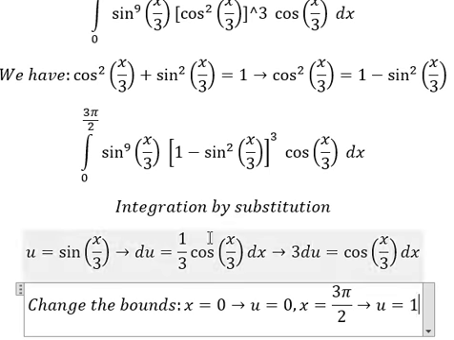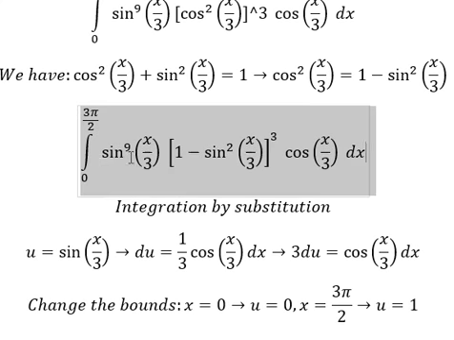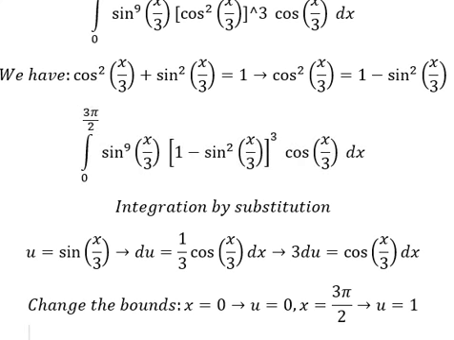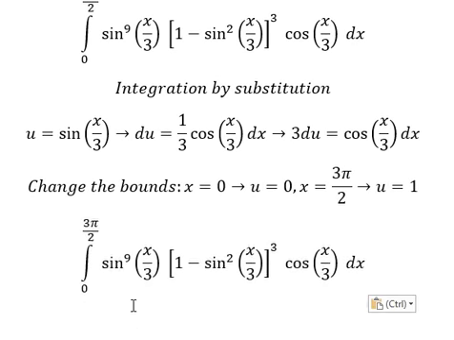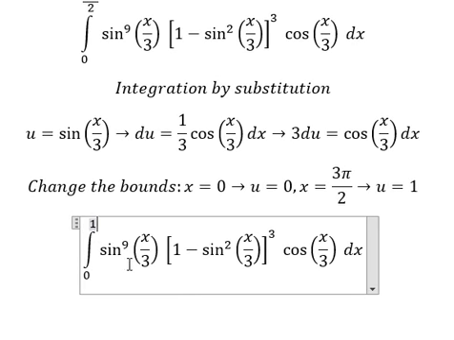The reason in here, if we put 3 pi over 2, number 3 divided by number 3, we have pi over 2. Sine of pi over 2, you got number 1. Now, number 0, we keep number 0. This one we change for number 1.